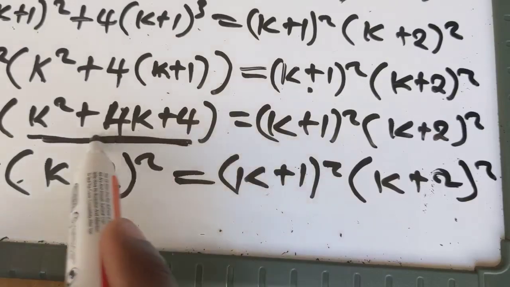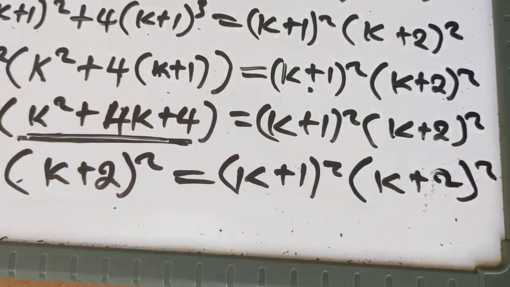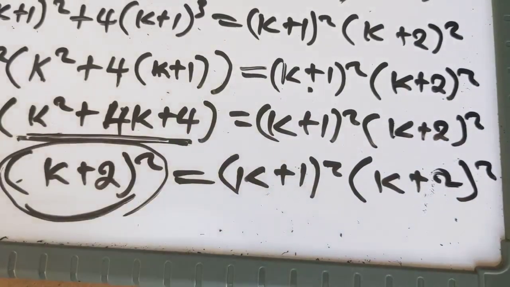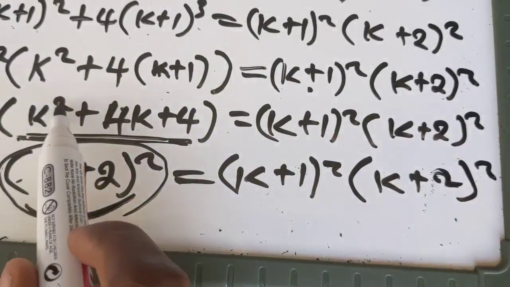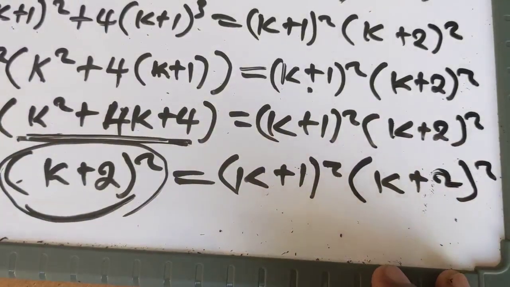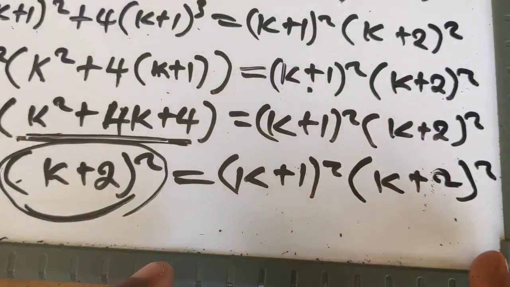I know there are those that are confused, but there are those that have understood that you find this answer. So this is k squared plus 4k plus 4. So this part is equal to that one.